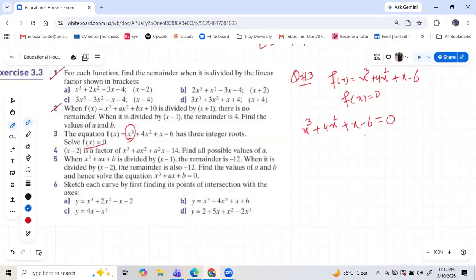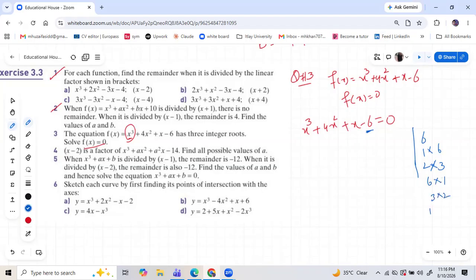Now we are checking our factors, since the roots are integers. Test the factors. The factors of 6 are 1 multiplied by 6, 2 multiplied by 3, 6 multiplied by 1, and 3 multiplied by 2.